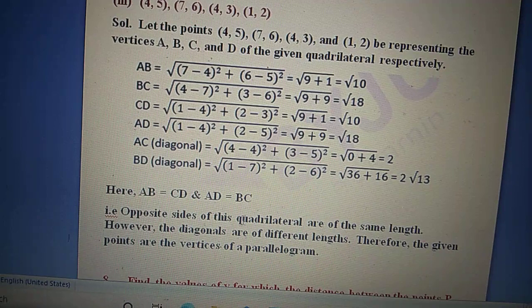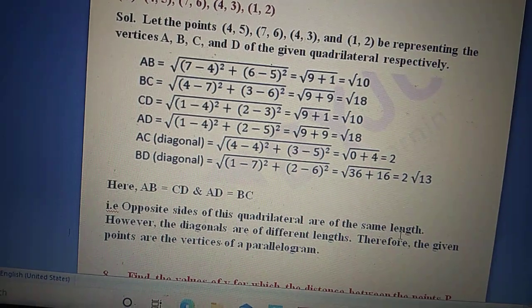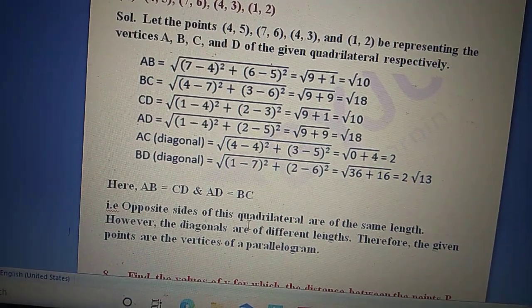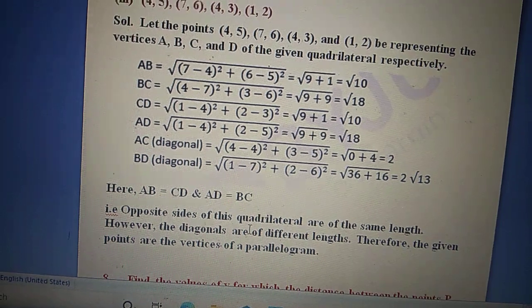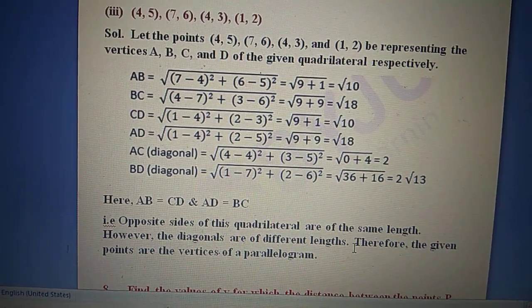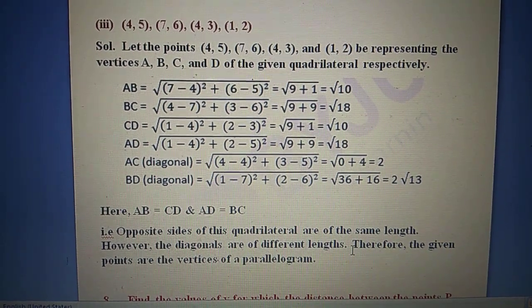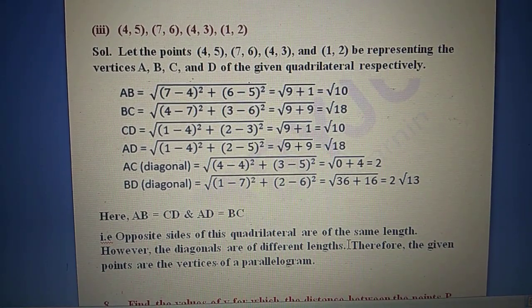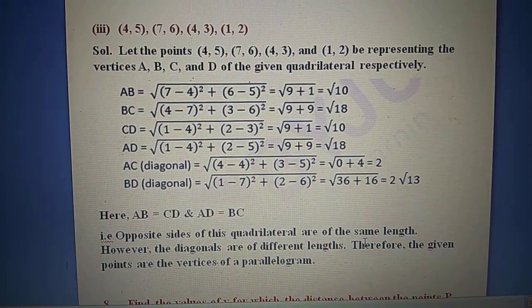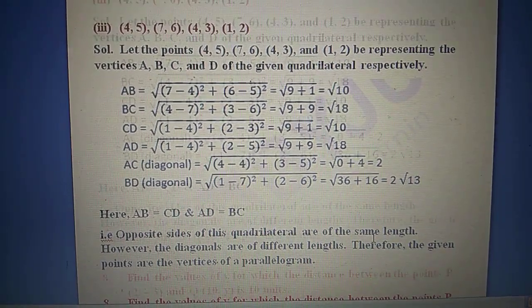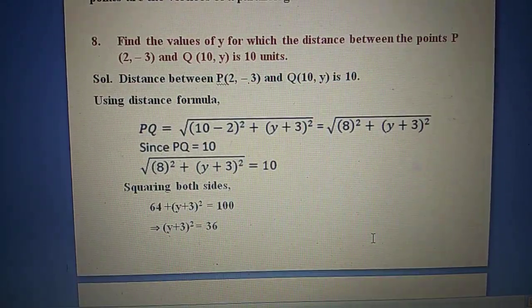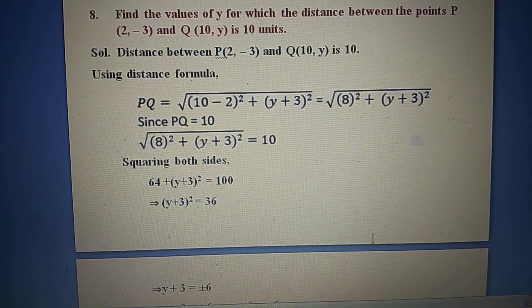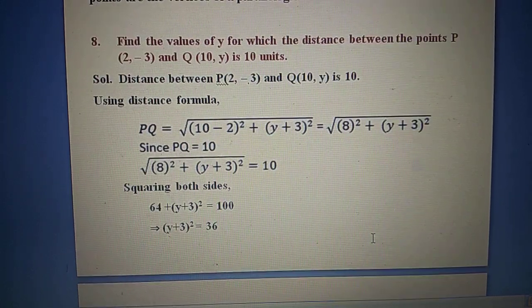Since the diagonals are of different lengths and opposite sides are of the same length, the given points are the vertices of a parallelogram and the given quadrilateral is a parallelogram. So this is question number 6, in which we have to find the different types of quadrilateral which the given vertices are forming.